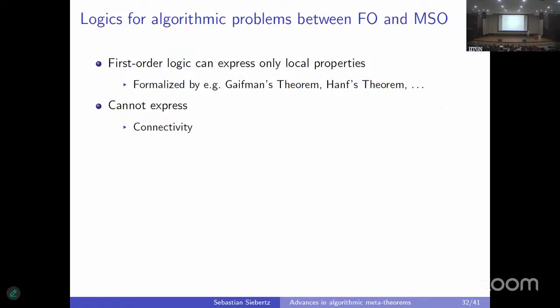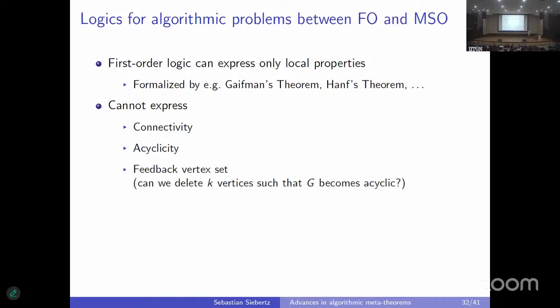So connectivity is not expressible. Whether there is a cycle is not expressible, because cycles can be long. These are global properties of graphs. Feedback vertex set, meaning vertices whose removal leaves an acyclic graph, Hamiltonicity, this one path. All this cannot be formulated with first order logic, but these are very interesting properties that we care about in our algorithmic problems.